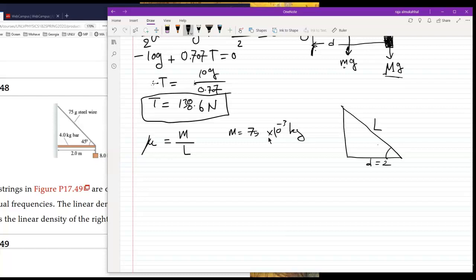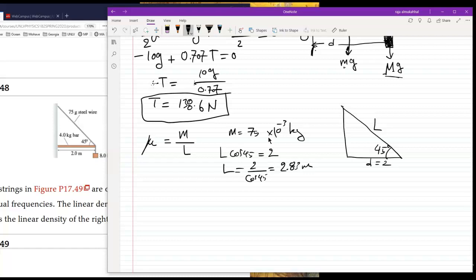And this is 45. It becomes an easy problem, right? So in this case, L cosine 45 is equal to 2. So L is equal to 2 over cosine 45, which is 2 divided by 0.707, which equals 2.83 meter.